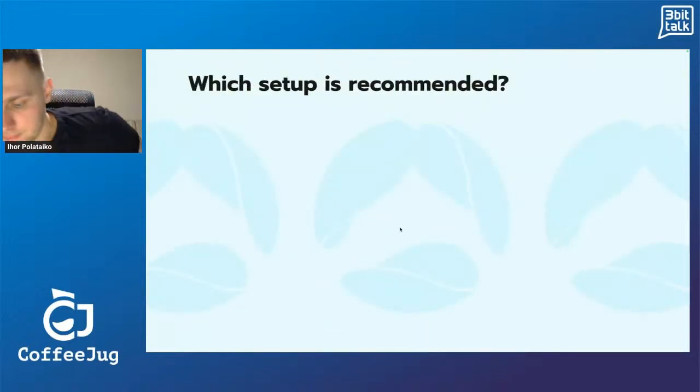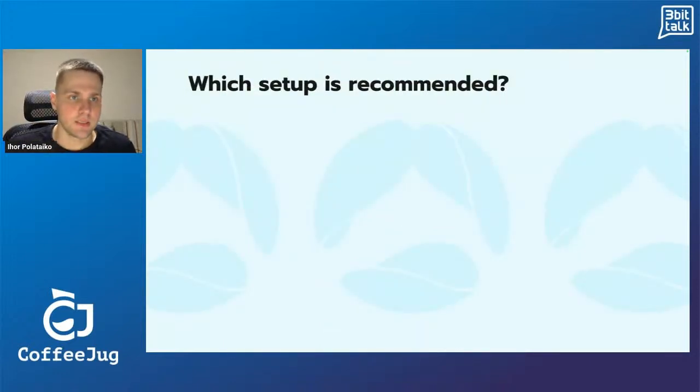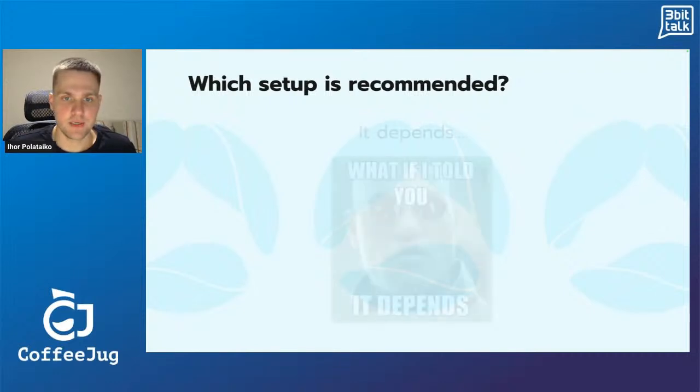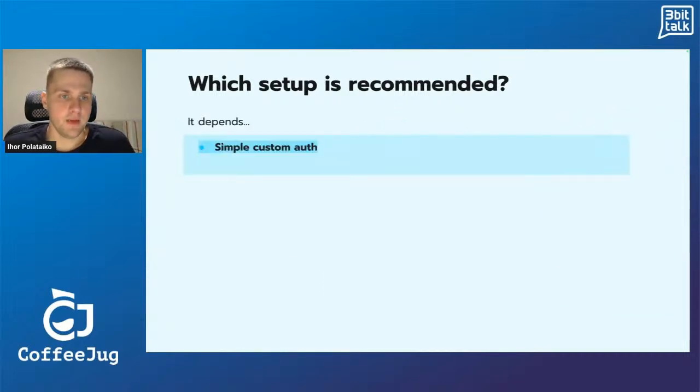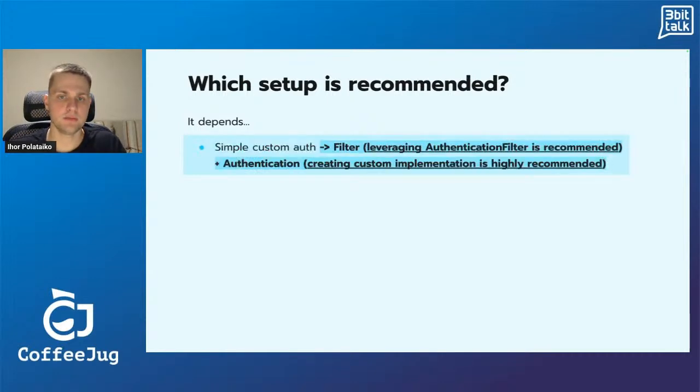So after all of this, you might ask a question, which setup is actually recommended? And I would tell you that it actually depends. If you have simple custom auth, like in the first example, when you just have to secure your APIs by JWT authentication mechanism, then you just have to define your filter, and leveraging the authentication filter is recommended to reduce the amount of boilerplate.